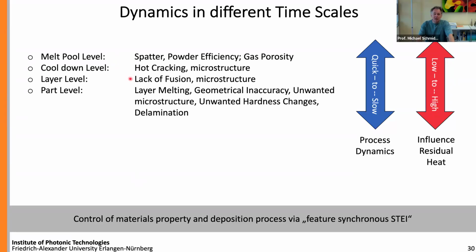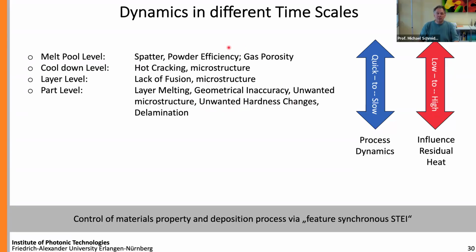At the layer level, a lack of fusion can happen, and again microstructure buildup. And at the part level, so if you have really several layers or a lot of layers, we have to see if layer melting, geometric inaccuracies, unwanted microstructure, hardness changes, and delamination might happen.